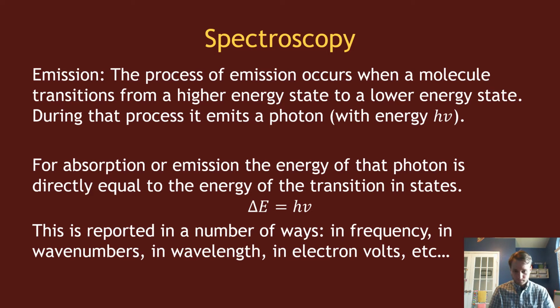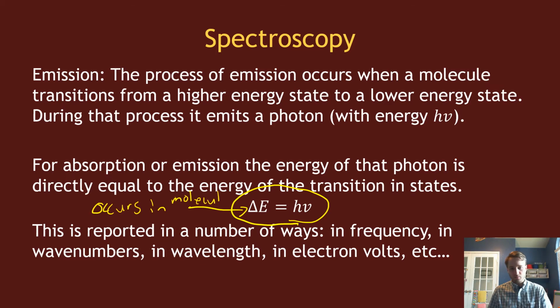And so one of the key equations to keep in mind whenever we're talking about spectroscopy is this simple looking equation here: the change in energy that occurs in your molecule corresponds to the energy of light.